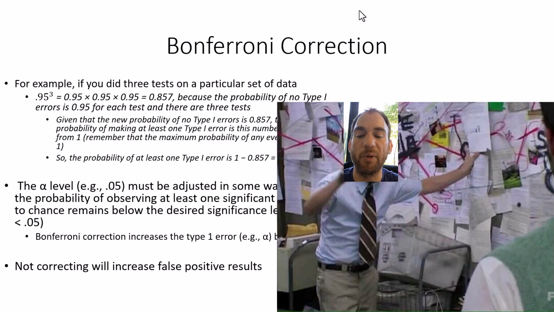So again, that's the probability that your results are not due to chance, 86%, rather than the old 95%. Then the probability of making at least one type 1 error is that number subtracted from 1. So the probability of at least 1 incorrect significant result, significant solely due to chance, or a type 1 error, is now 14% versus the old 0.05.